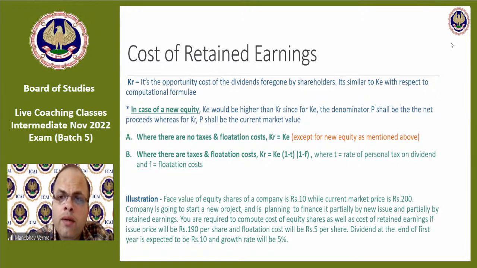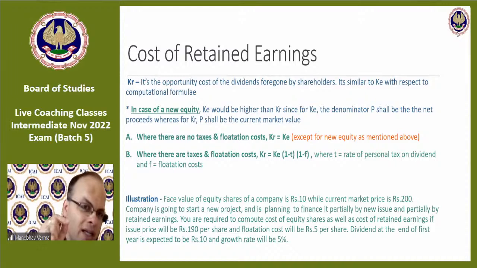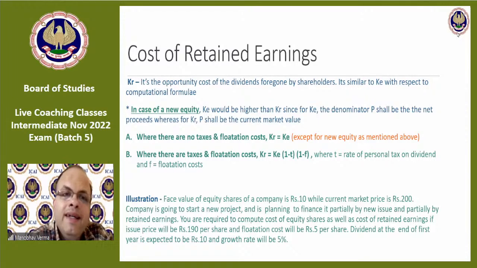So the cost of retained earnings is very similar to what we calculate for cost of equity in the form of dividends. It's very important to understand that generally the cost of retained earnings is nothing but the same as the cost of equity. Why so? Because it is the earnings only. The only difference is that it is not distributed, right?